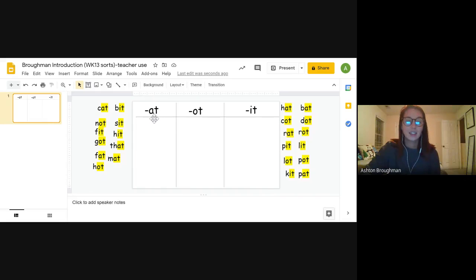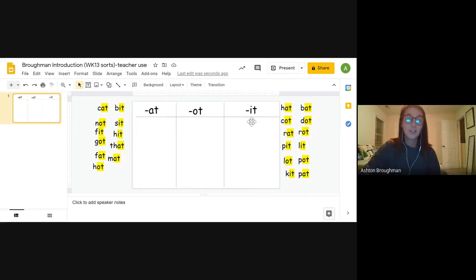At, at. Good. Our second word family is the ought word family. Ought. This word family is made up of two letters, an O and a T. Can you say ought? Good job.